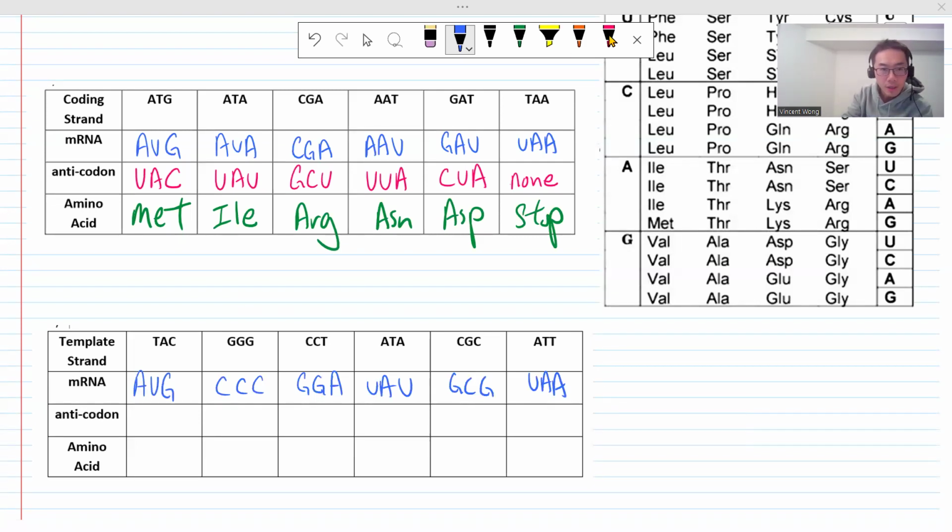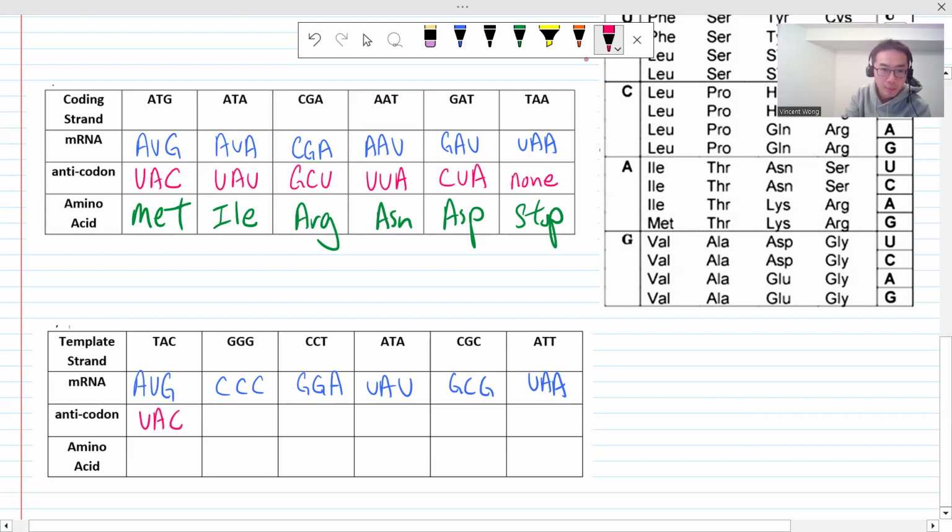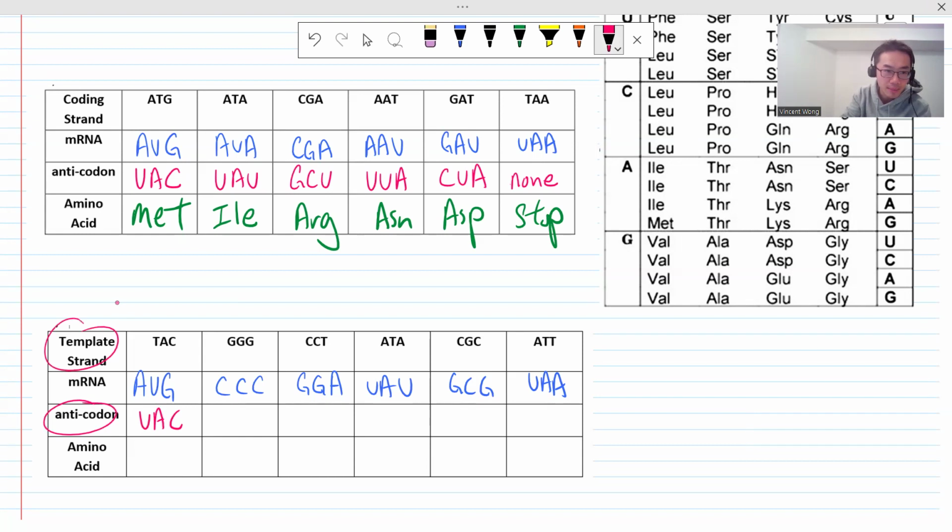Now the anticodon, you can do it complementary again, right? But as Jing pointed out earlier, the anticodon is actually the same as the template, right? So that will save you some time.